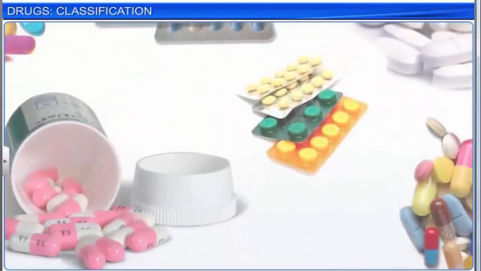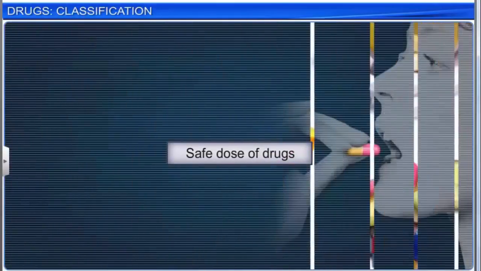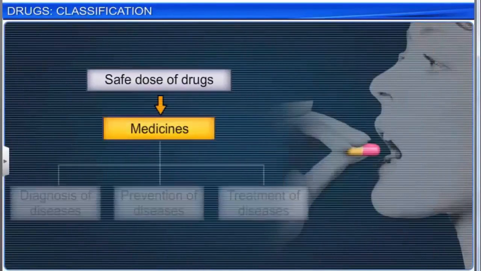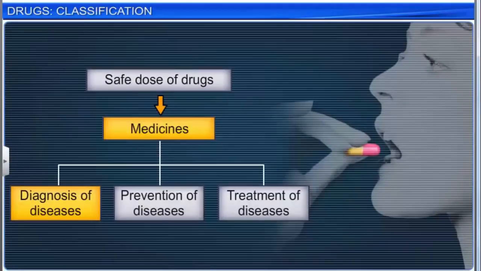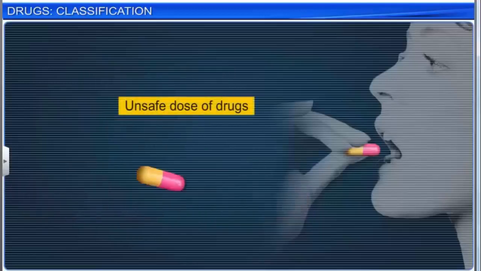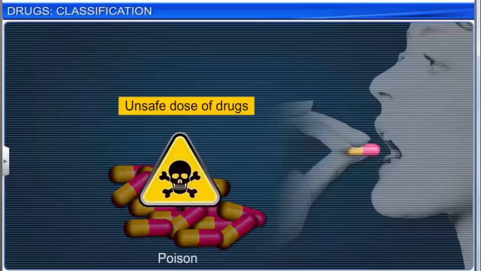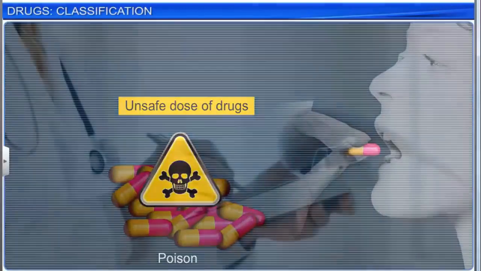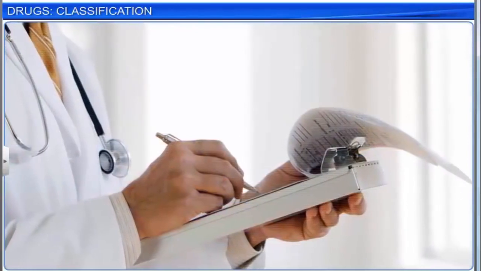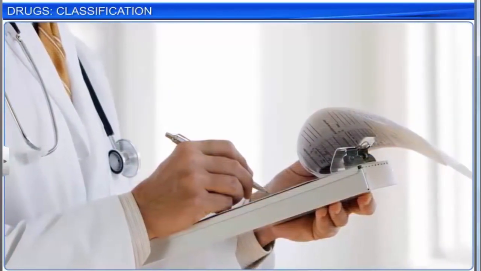When drugs are taken in safe doses, they act as medicines and are useful in the diagnosis, prevention, and treatment of diseases. However, when the same drugs are consumed in excess, they act as potential poisons. However, never take drugs on your own. Always consult a qualified medical practitioner.